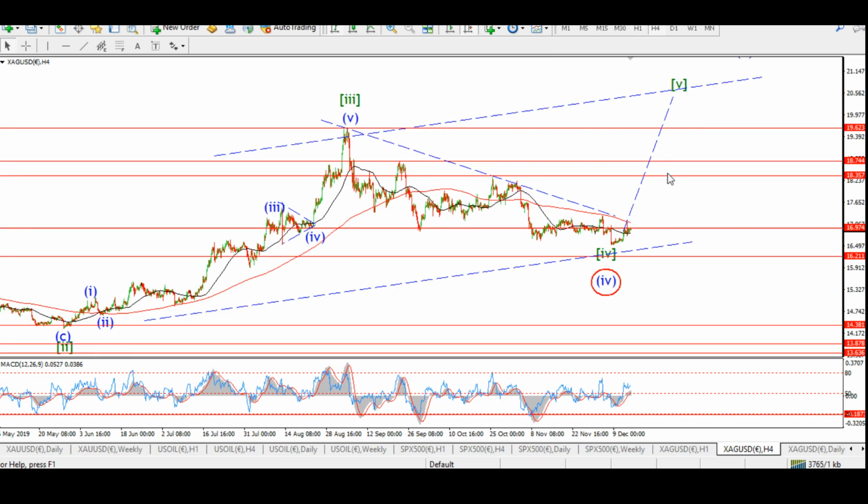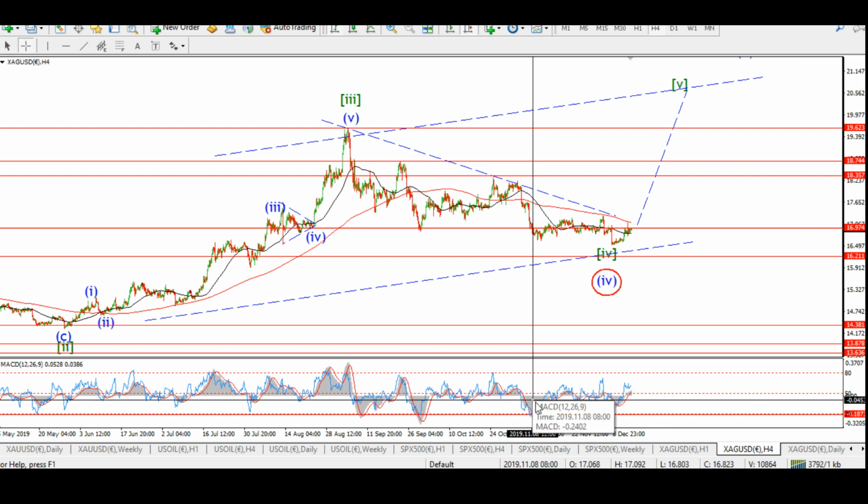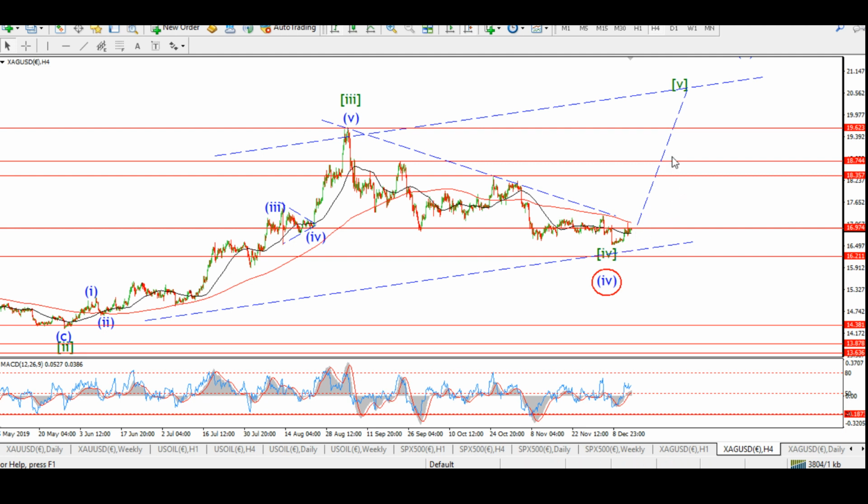Okay, here's silver. Silver seems to be building more of a bullish pattern than gold at the moment, but it's still small and insignificant so far. But we've had this diverging momentum higher on the 4-hour chart for over a month, and the price seems to be finally following that pattern.